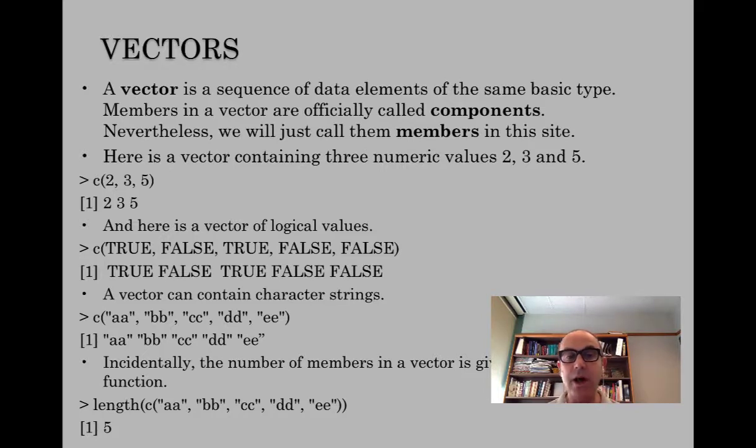And vectors can also represent logical values. What are logical values? It is the idea of true and false. The vector can also contain strings, and I will talk more about strings in a second, but this is part of our terminology.